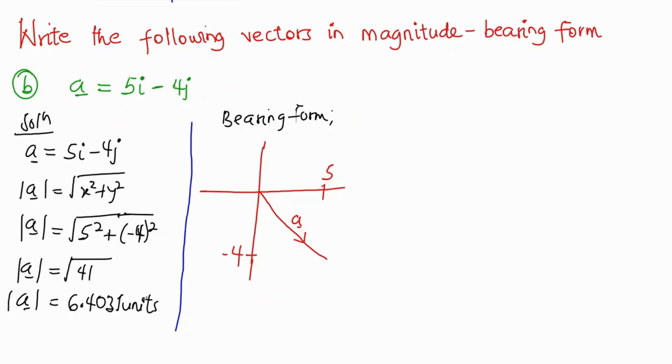Here we can see that we want to find the bearing. Like we said, the bearing is measured from the positive y-axis, or the north part of the Cartesian plane. So if you stick to the positive y-axis and move clockwise to where the vector is, that gives us the direction of the bearing.